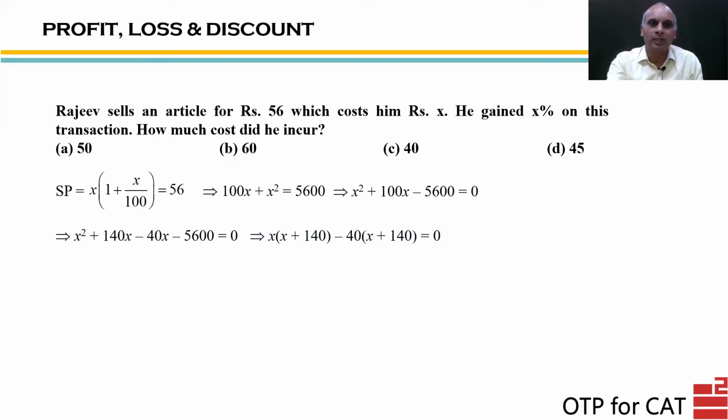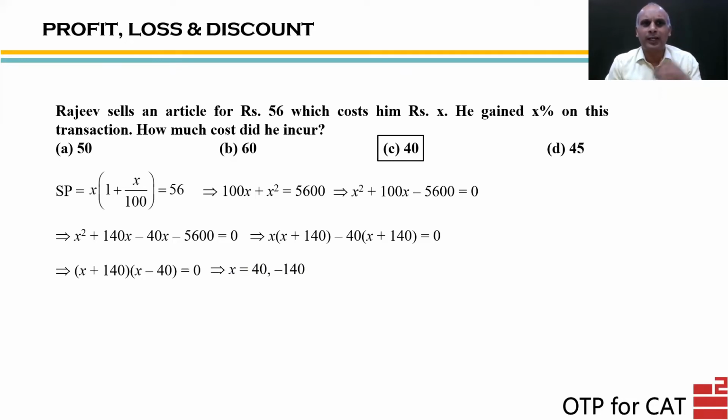And this further gives me upon factorization x plus 140 into x minus 40 equals 0. And so the value of x comes out to minus 140 or 40. Obviously, x is the cost price, so it can't be negative. My obvious answer is 40 rupees. So x value is 40. And so my answer is C option.